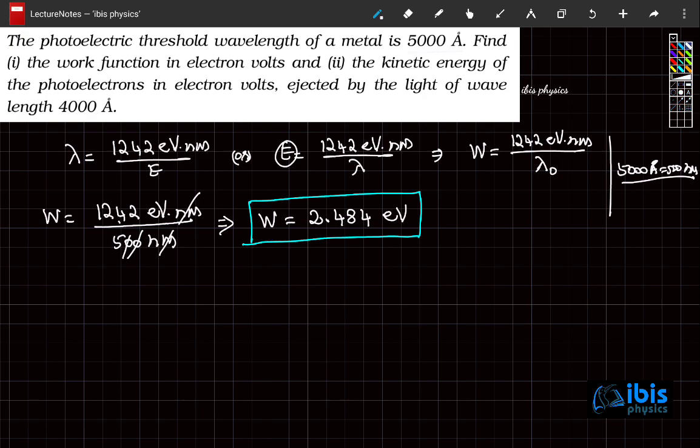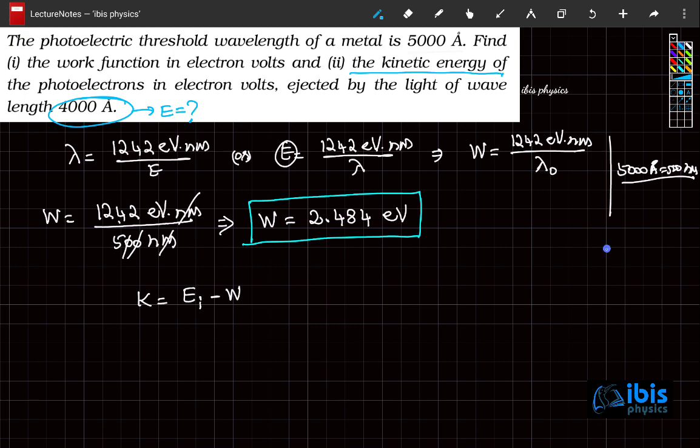We know using the photoelectric equation that the kinetic energy of the photoelectron is incident energy minus the work function. Now in this problem they have given the kinetic energy if the radiation of 4000 angstrom falls on it. So you have to find the energy of this 4000 angstrom.